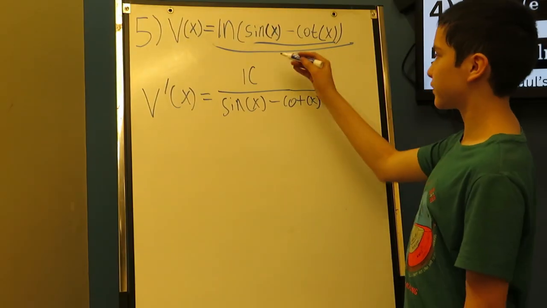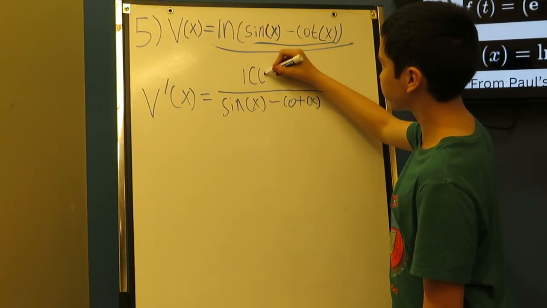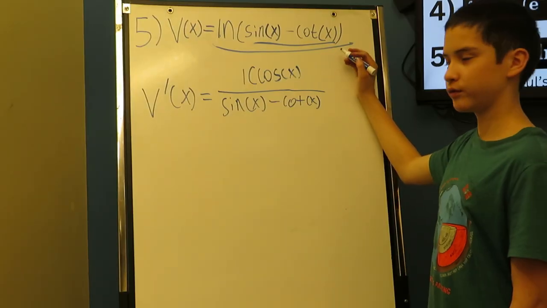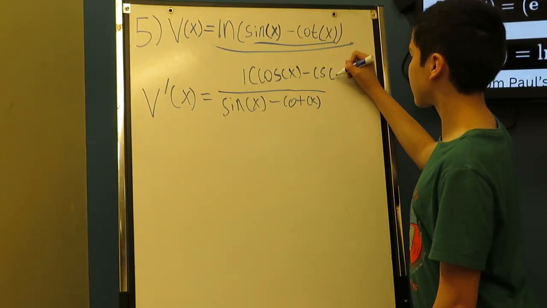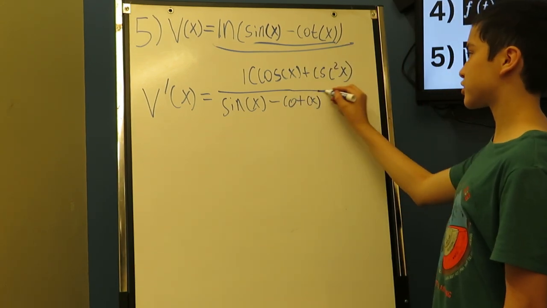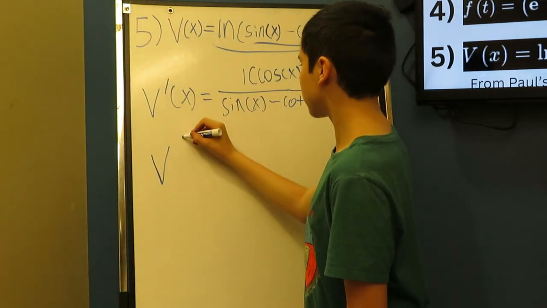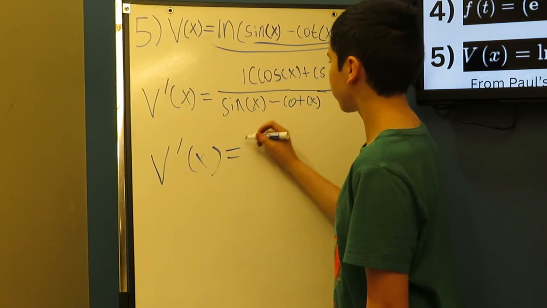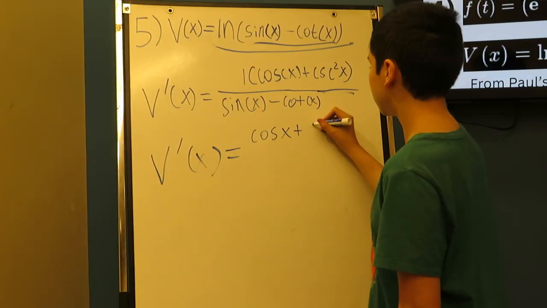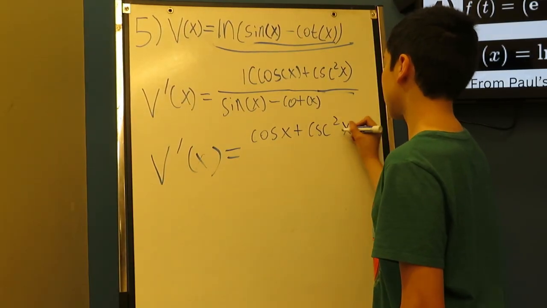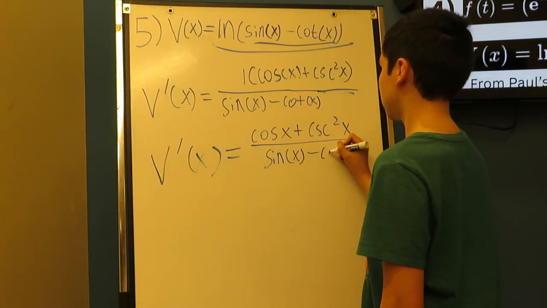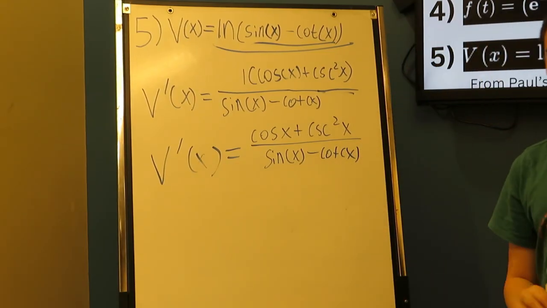Recalling that the derivative of sine of x equals cosine of x, and the derivative of cotangent of x is negative cosecant of x, we just multiply this expression by the fraction, and we would get this.